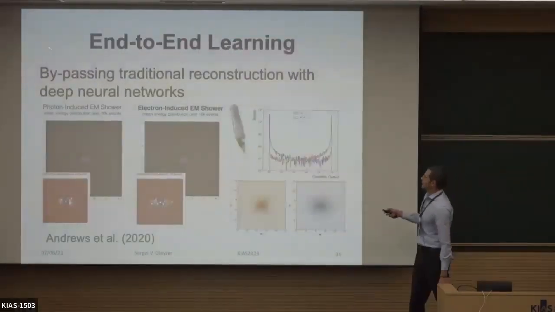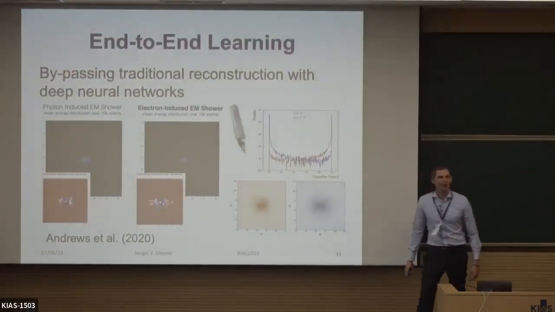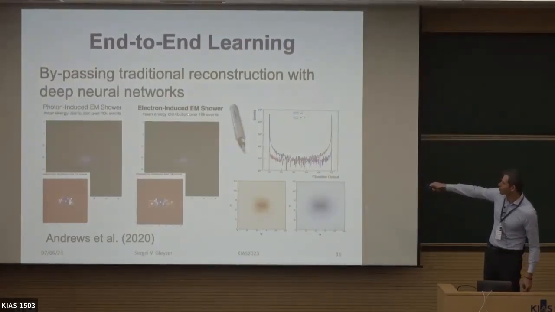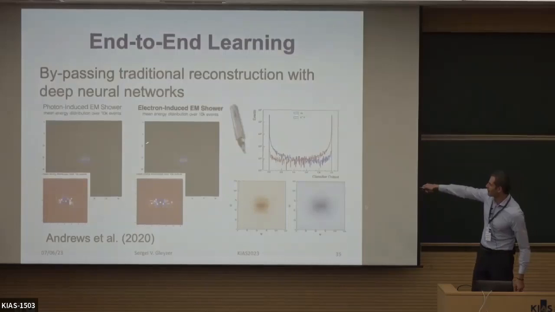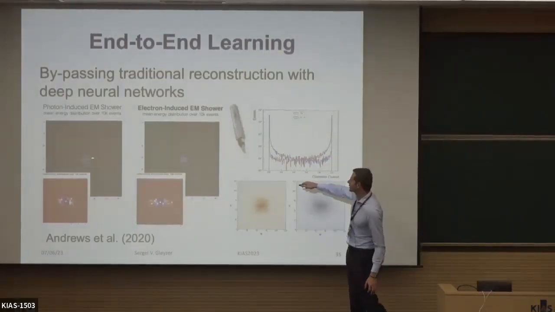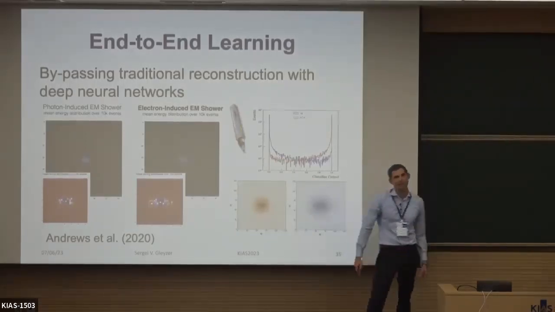Now, an example of this end-to-end learning is the challenge we looked at earlier: how do we separate, for example, electromagnetic showers in the electromagnetic calorimeter, without any other information, by looking at the energy depositions of electrons and photons. It's interesting that if you average these out and look at it by eye, if you really squint, you might see that the electron one is slightly asymmetric.